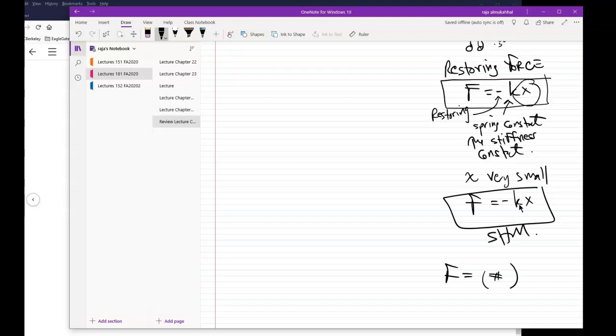But the important thing is that it is linear in the displacement. X, not x squared, not x cubed, whatever. It is linear in the displacement. It's not quadratic or whatever. Got it? That's what makes this force so special.